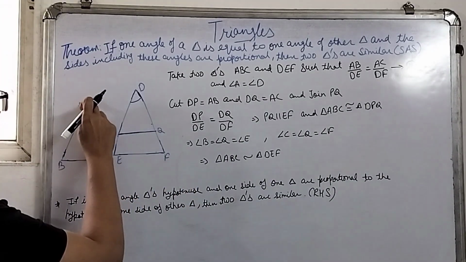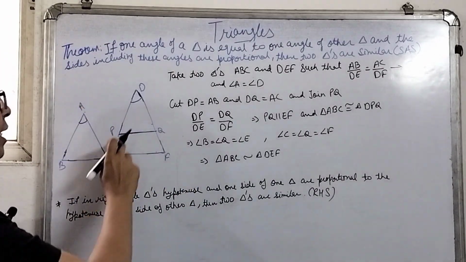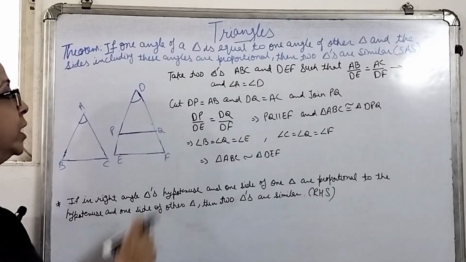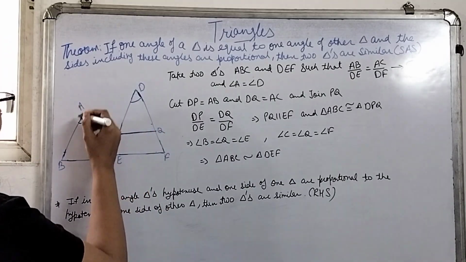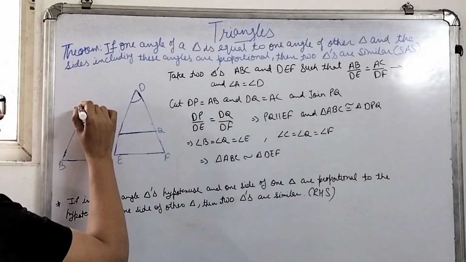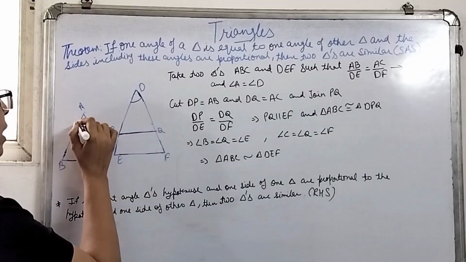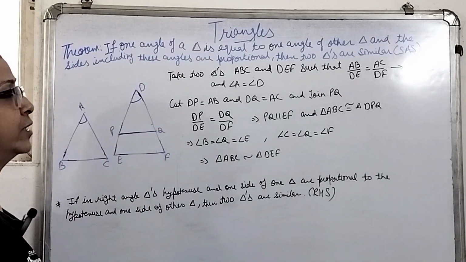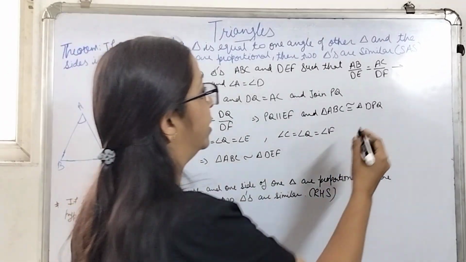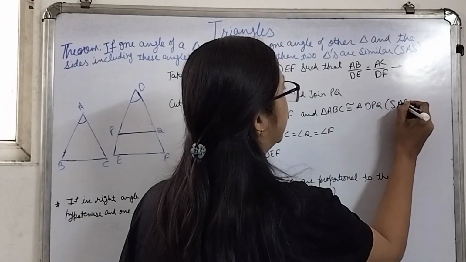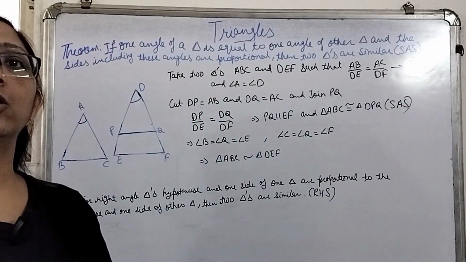And now if we see the triangle ABC and triangle DPQ. In these two triangles, AB is equivalent to DP, AC is equivalent to DQ, and the included angles are even equal. So by SAS, these two triangles will be congruent.